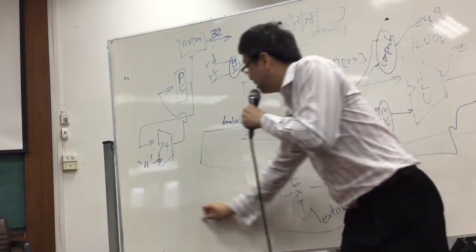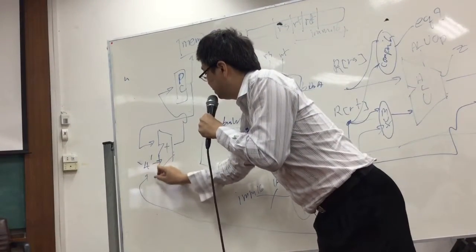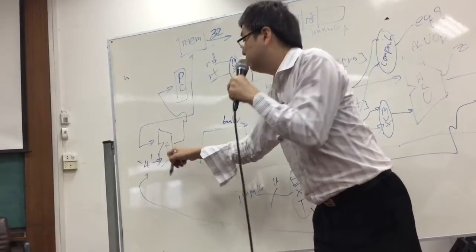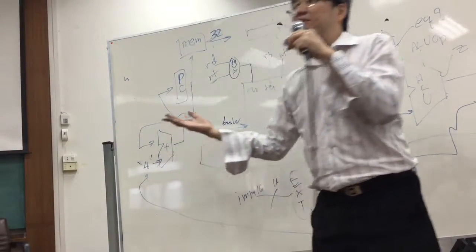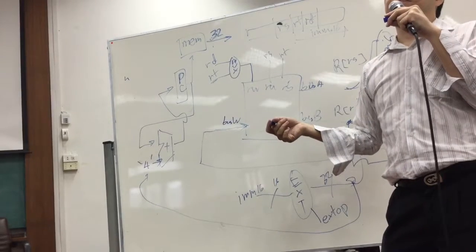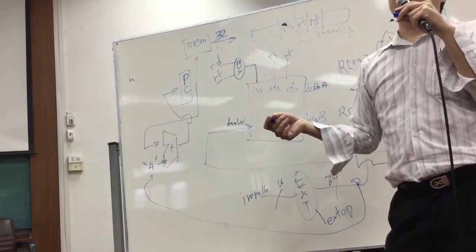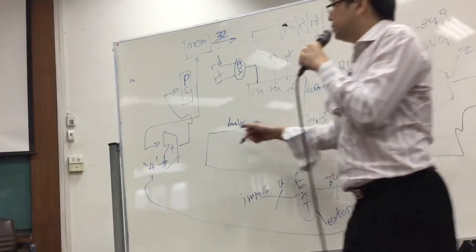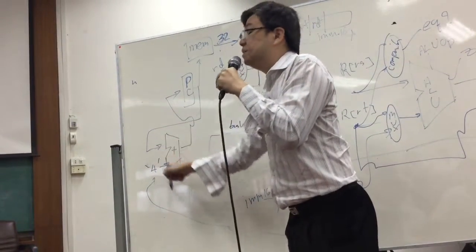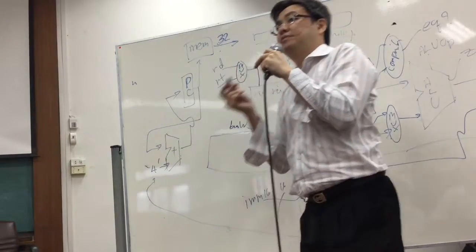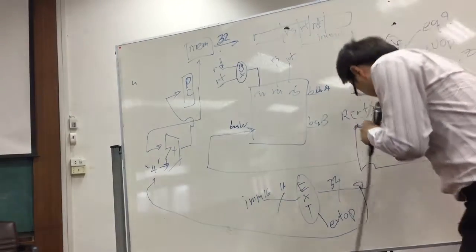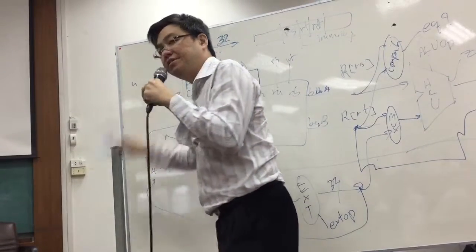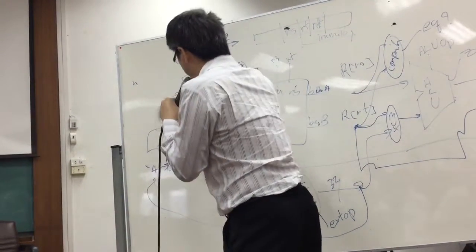So in reality, you would use another adder here to make it PC plus 4 plus the sign extended value, something like that. Actually, there's a little trick to this.